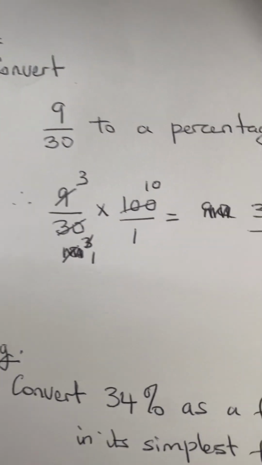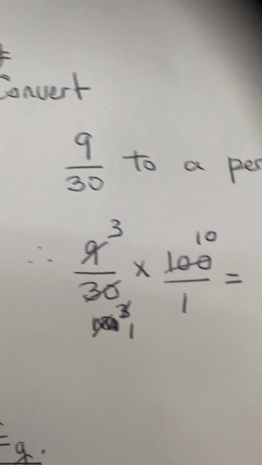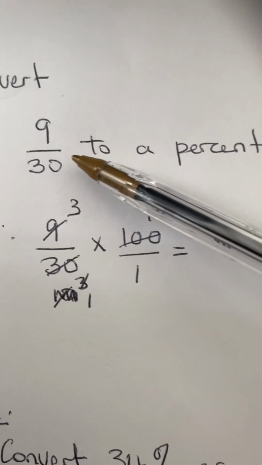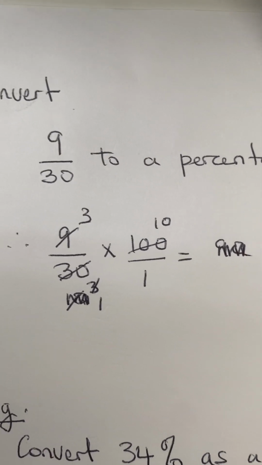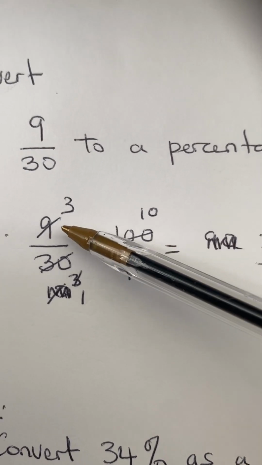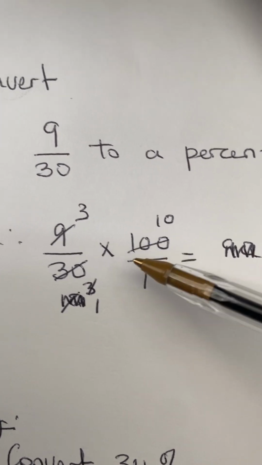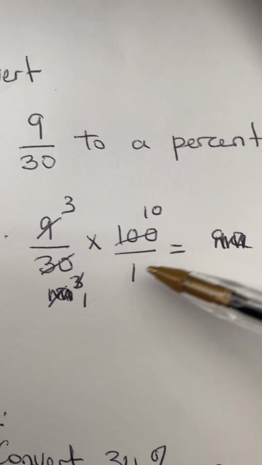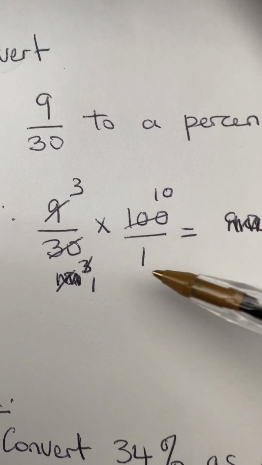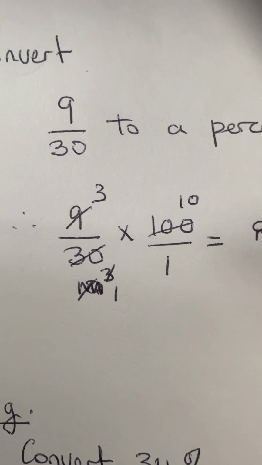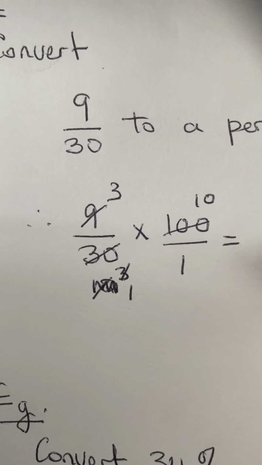Let's quickly look at a few examples and then we'll end today's lesson. Convert 9/30 to a percentage. Okay, so here 9/30 times 100, and then we put the dash over 1 because it still makes it 100, but it makes our work easier.